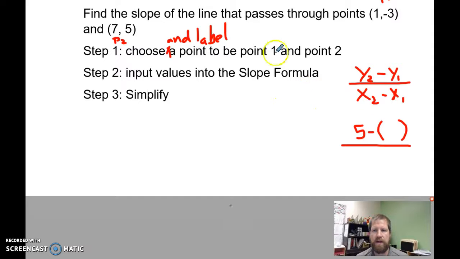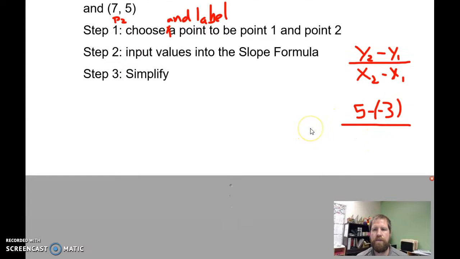A lot of times students, especially if they don't use the parentheses, will say 5 minus, oh, I got a negative 3, there's my 5 minus 3, and I'm done, when really it should be 5 minus a negative 3. That's where having the parentheses can help.